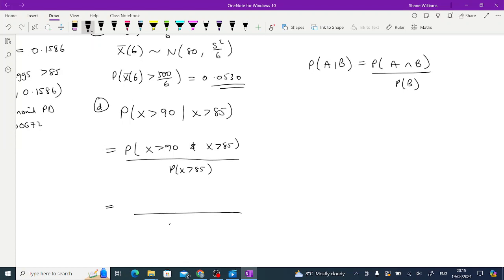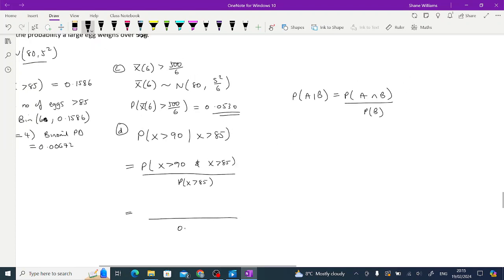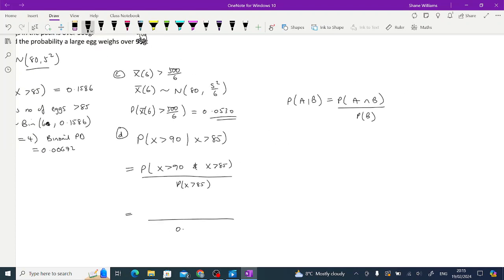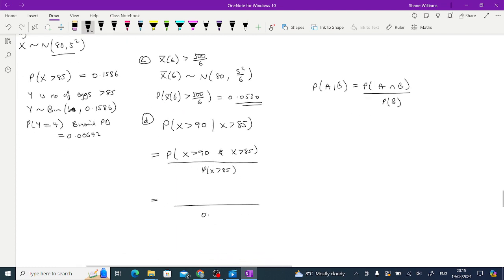Well, on the bottom, that's easy. We've already worked that out. So with no other conditions, what's the probability that the egg is greater than 85? We worked that out in part B, and that's 0.1586. And on the top, the probability of being greater than 90 and greater than 85, well, that's just the probability of being greater than 90.